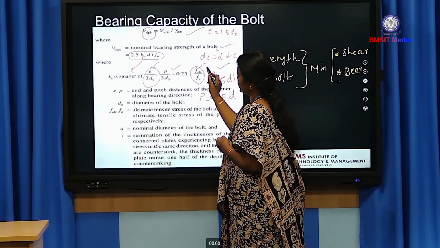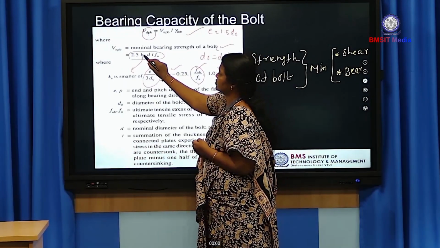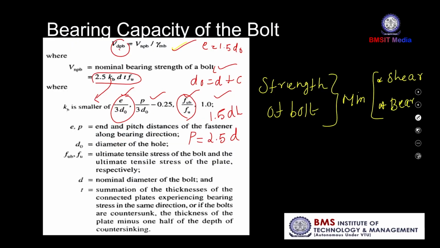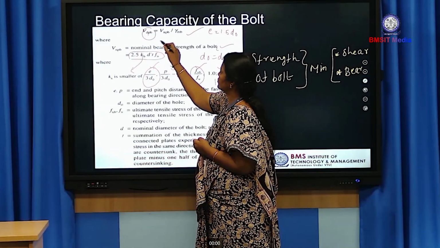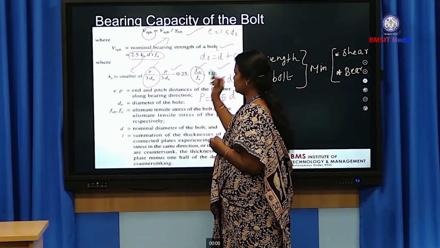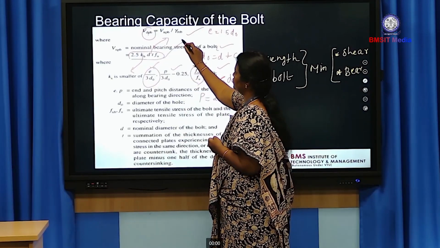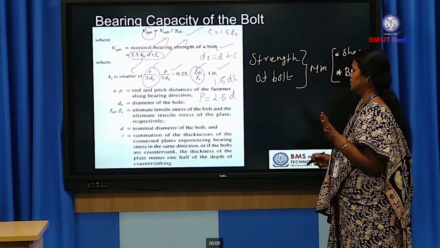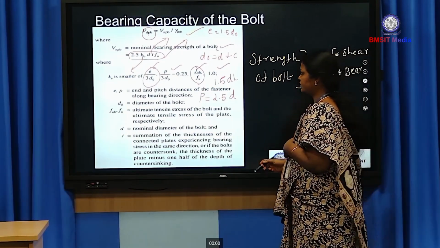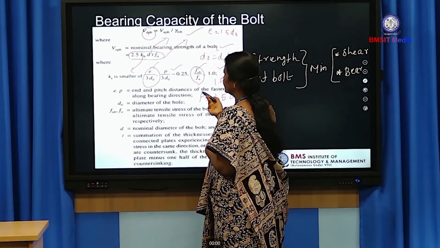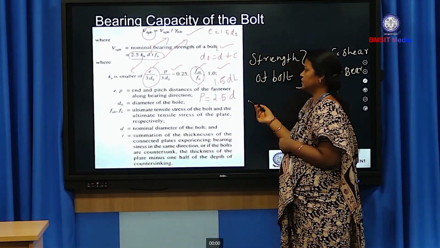After that we select the minimum, and that value we substitute here as Kb. Next, d is the nominal diameter of the bolt, and t is the minimum thickness. fu is the ultimate tensile strength of the plate. After finding this, substitute here and divide by 1.25, and we can easily find the Vdpb.